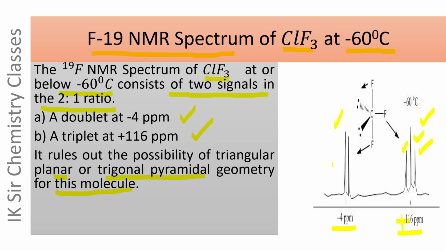Since two NMR signals are obtained in the F-19 NMR spectrum of ClF3 at or below -60 degrees centigrade, the possibility of triangular planar and trigonal pyramidal geometries is ruled out, because in triangular planar geometry, three F atoms are present in the same environment and a single signal is expected in the F-19 NMR spectrum.